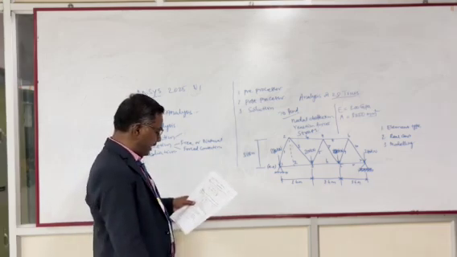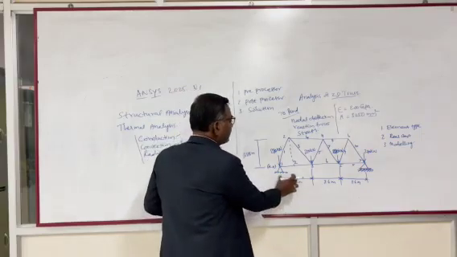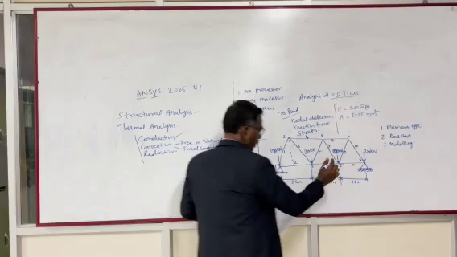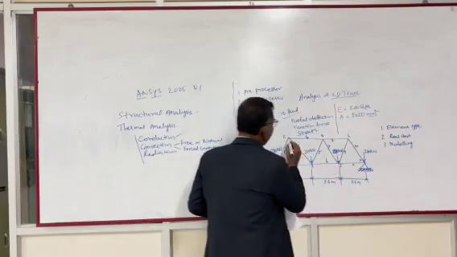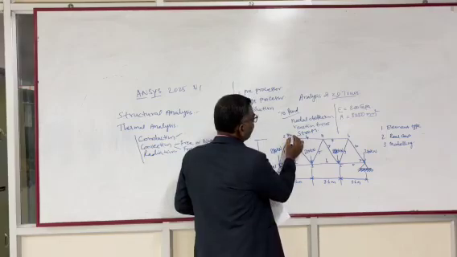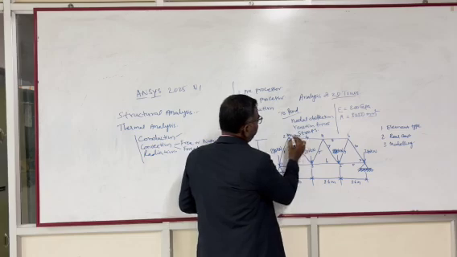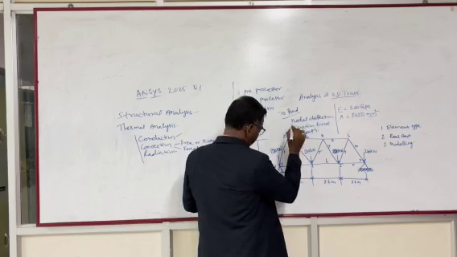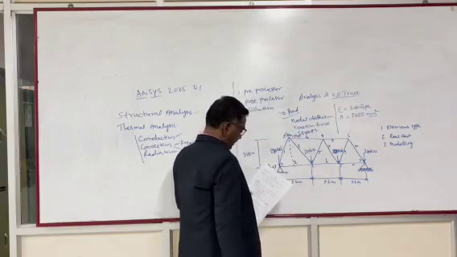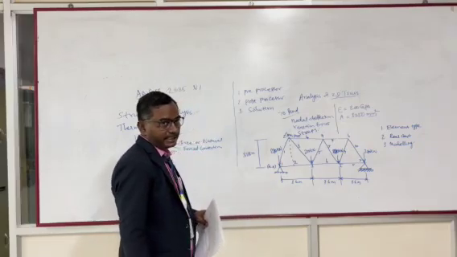So the x distance is 1800 and the y value is 3118. 1800 comma 3118 is the second key point.